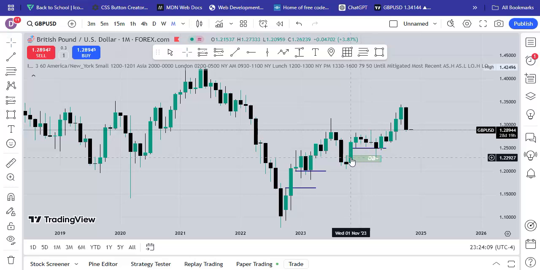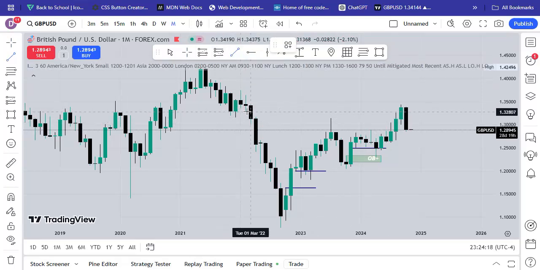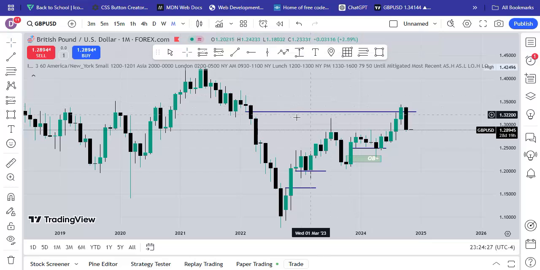It also mitigated this bullish order block, and then we kept going higher, taking out sell side liquidity. But if you look closely to the left, you see that right here, from this point, we have this fair value gap right here.